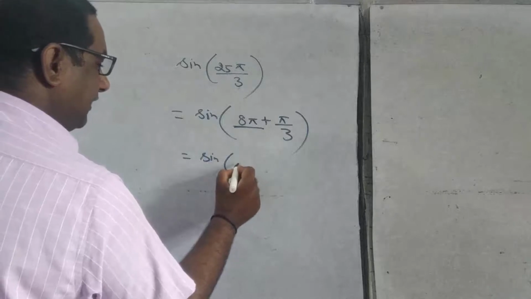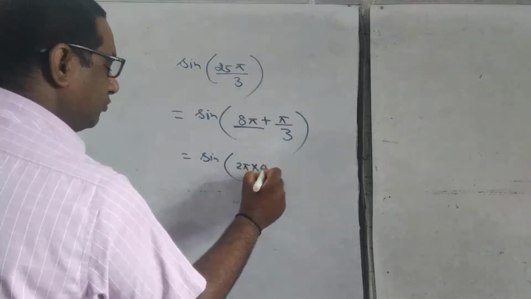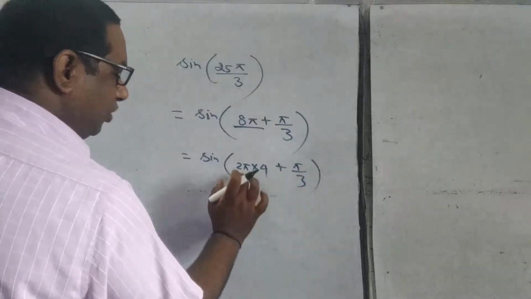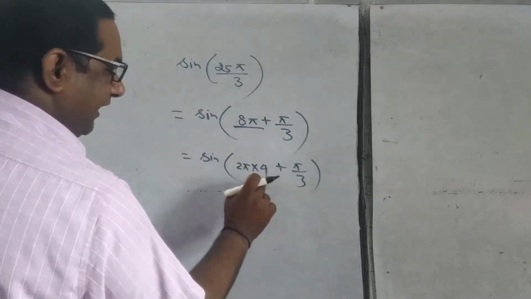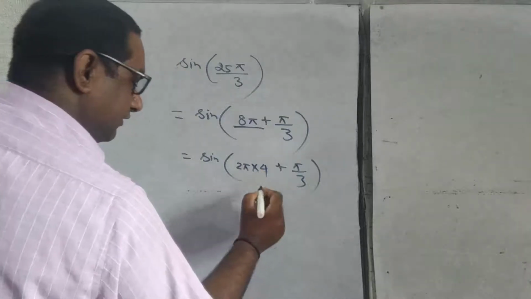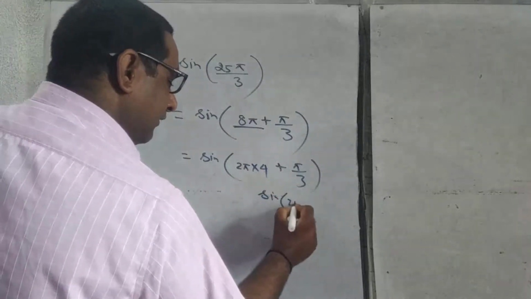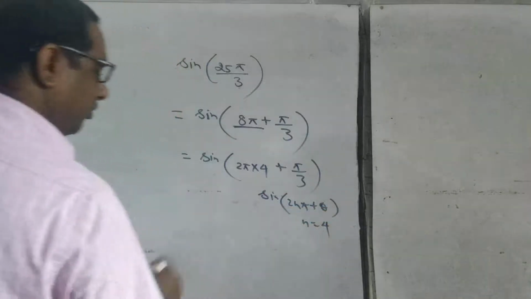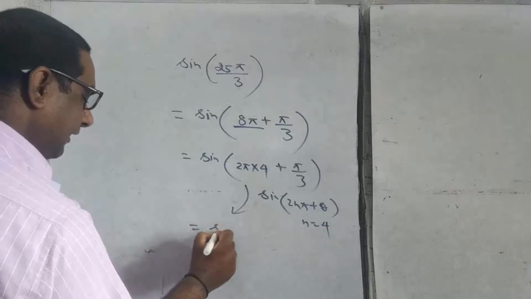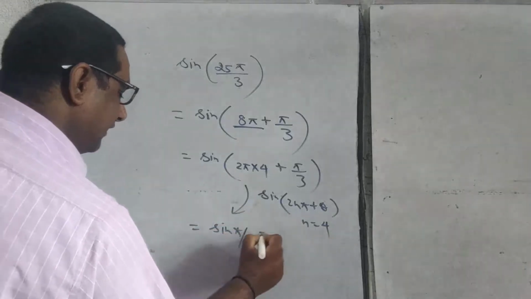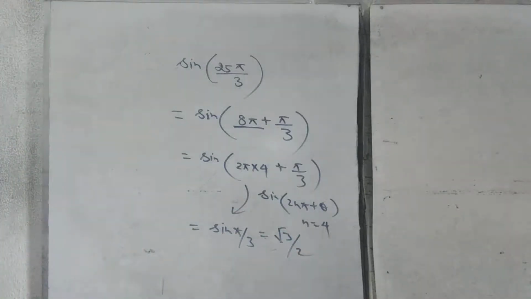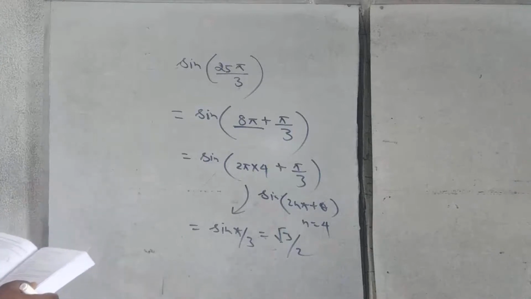It can be written as 2 pi into 4 plus pi by 3. So this is the format of sine of 2n pi plus theta, where n is equal to 4. So what is its value? This is equal to sine pi by 3, and sine pi by 3 is equal to root 3 by 2.